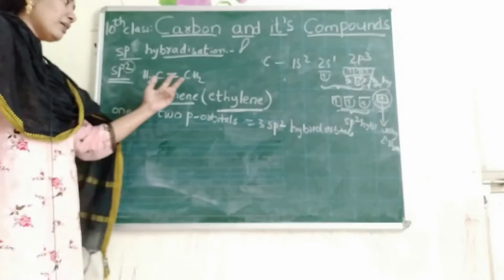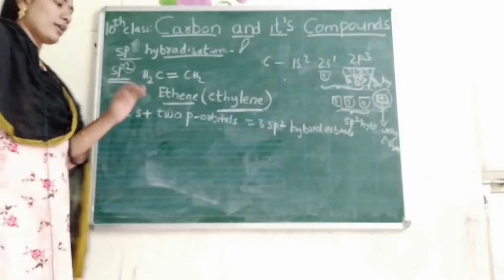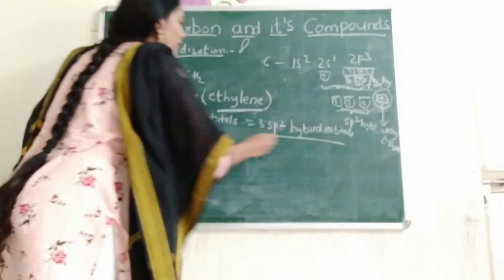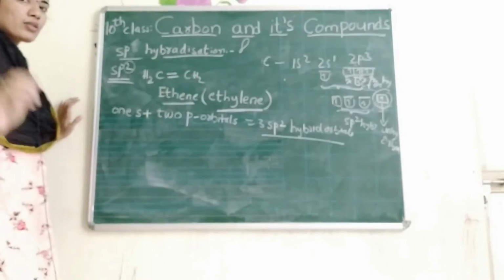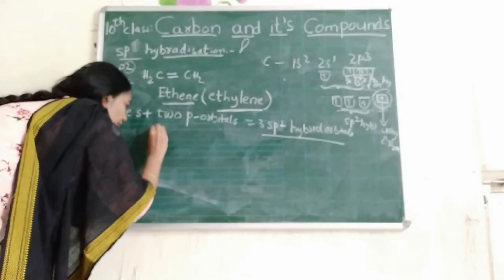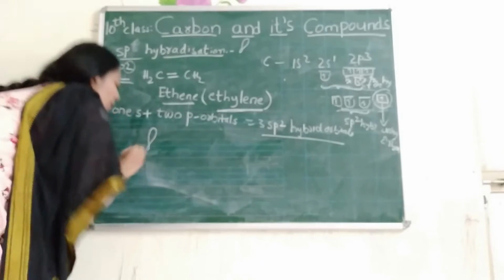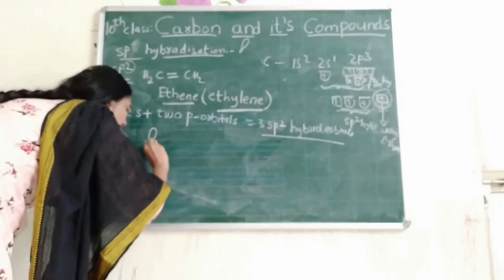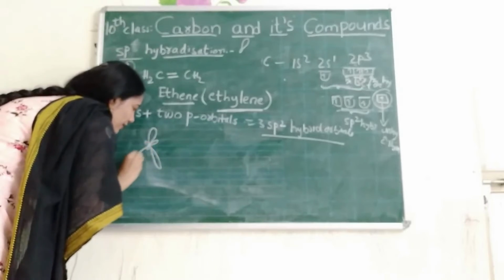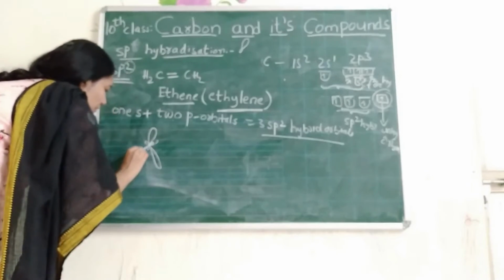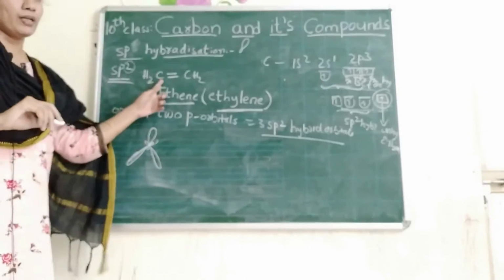Okay, here how many carbons are there? 2 carbons are there. So one carbon forms 3 sp2 hybrid orbitals. The other carbon also forms 3 sp2 hybrid orbitals. I am considering this is the first carbon. This is one sp2 hybrid orbital and this is another sp2 hybrid orbital and this is the other sp2 hybrid orbital of this carbon.